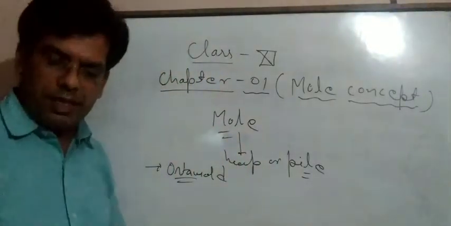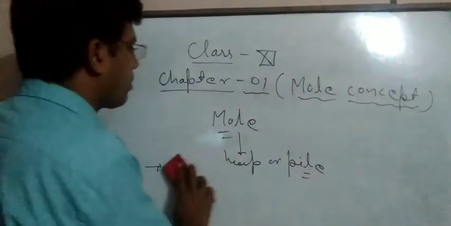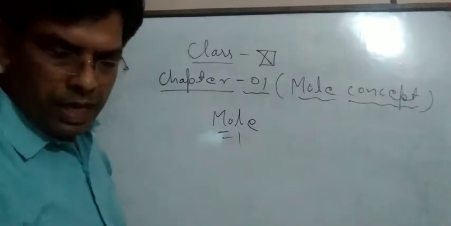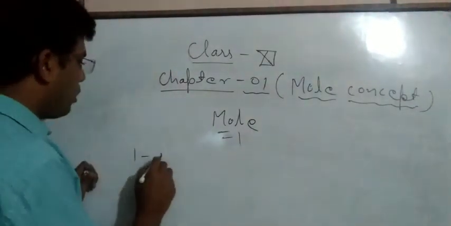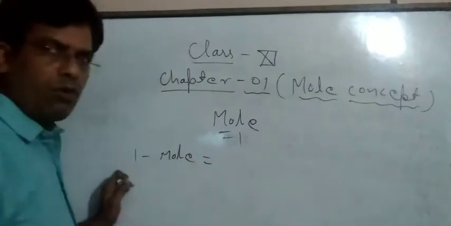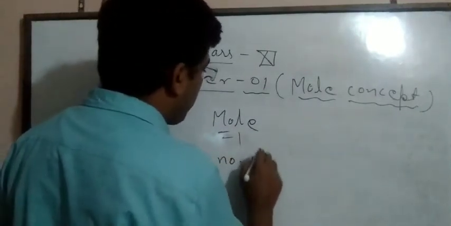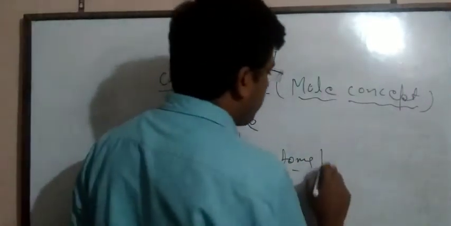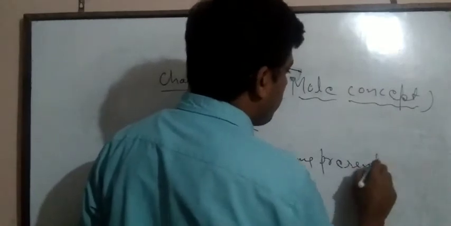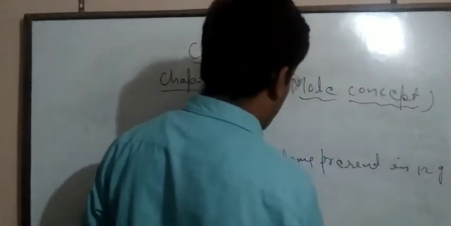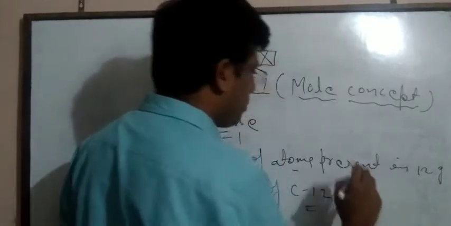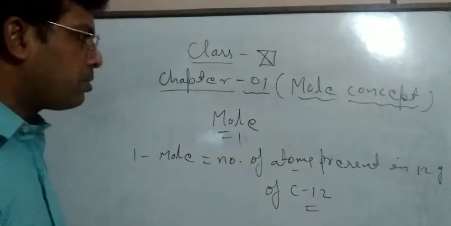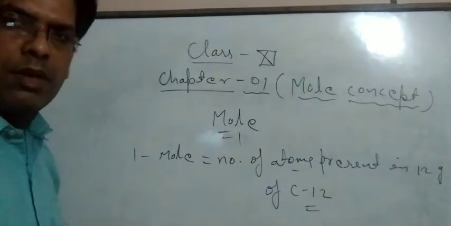That's why we can say that 1 mole is equal to the number of atoms present in 12 gram of C12.